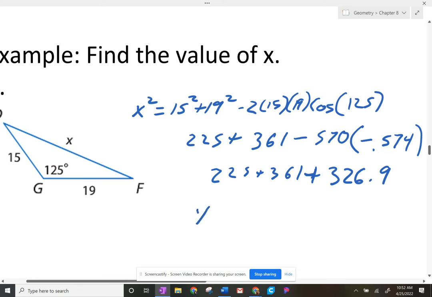I'm left with x squared equals 912.9. The very last step, and this is where people kind of make simple mistakes. This is saying x squared equals this. So to get x all by itself, I have to do the square root. So it'll be that 912.9 square rooted. My value for x, the length of that one, should be x equals 30.2.